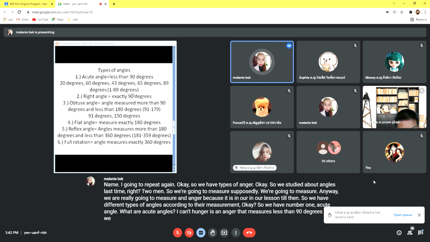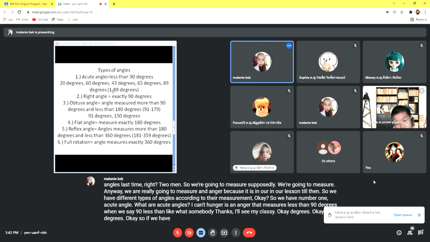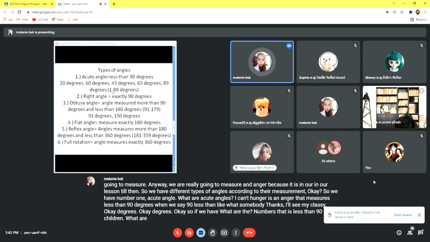When we say less than 90 degrees, what are the numbers that are less than 90, children? What are the angles that are less than 90?